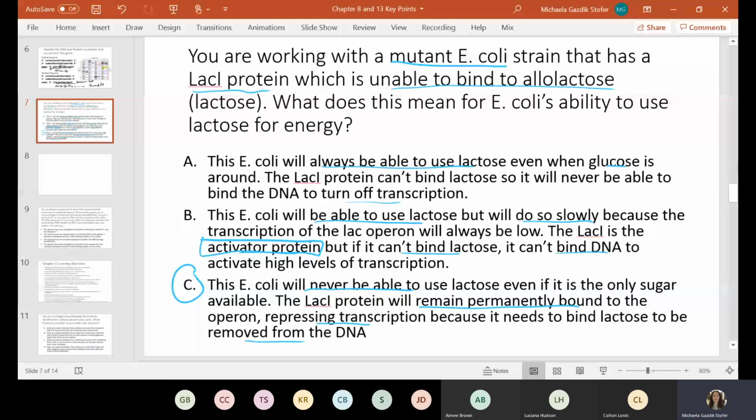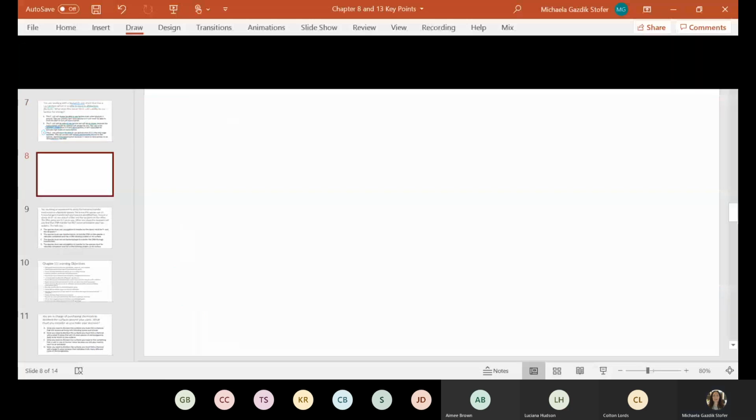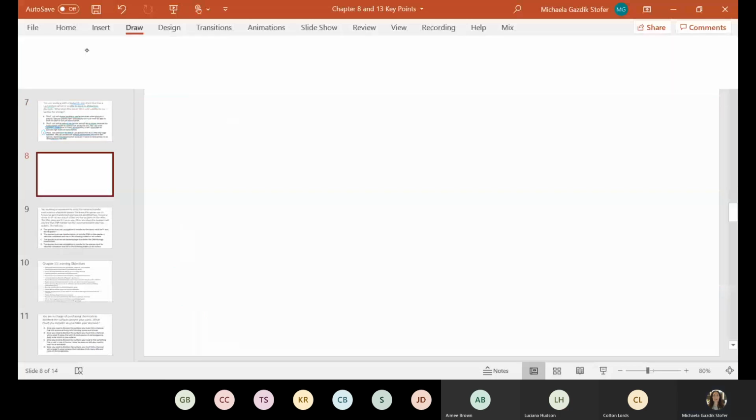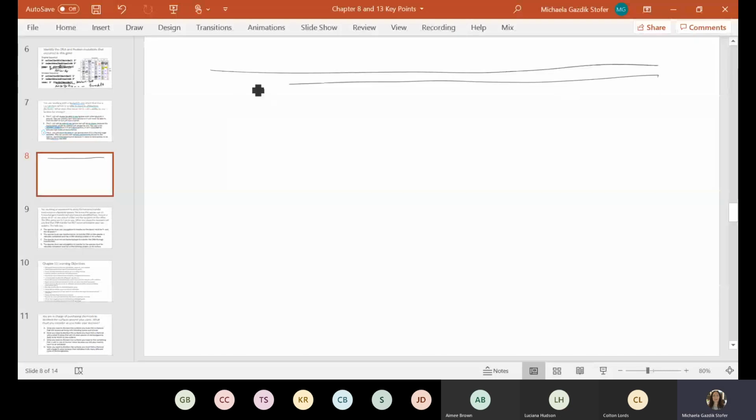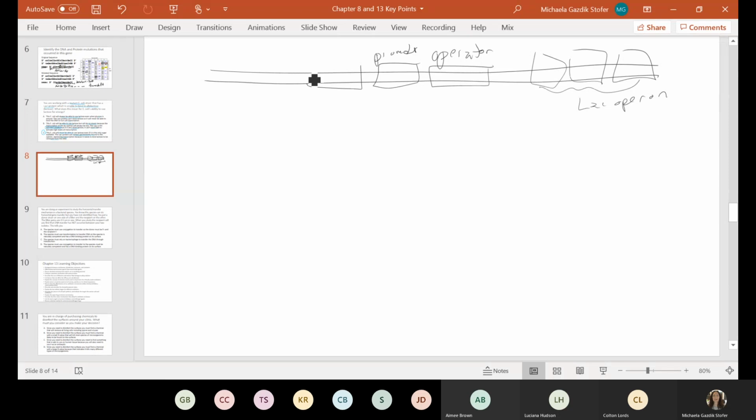So this is C because of the way this operon works. Remember we've got the DNA, and the genes of the operon are down here. So these are the actual LAC operon genes, but we really care about the regulatory regions. So we've got what's called an operator site. We've got the promoter. And we've got the activator binding site.